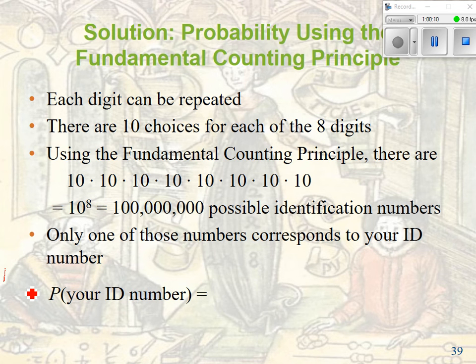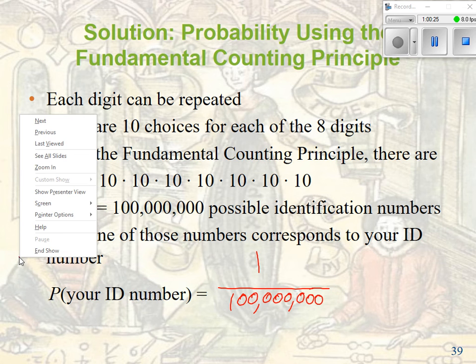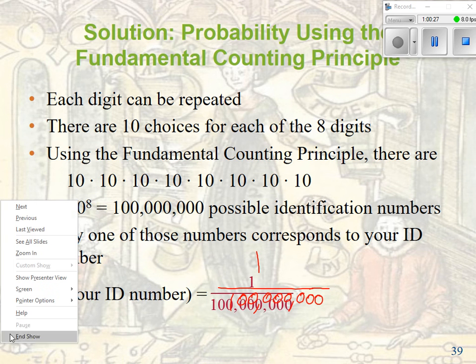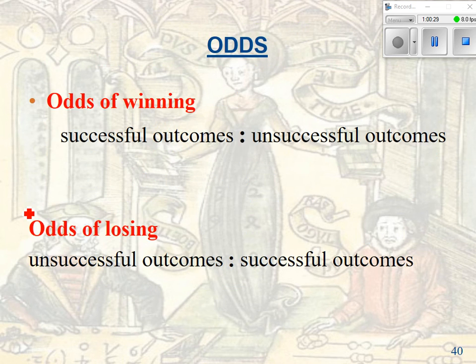What's the probability that you got that ID? 1 out of what? 100 million. 1 out of 100 million. So you can go home and tell your folks how special you are that you got that ID number. You're not just 1 in a million, you're 1 out of 100 million. You're even more special than that.